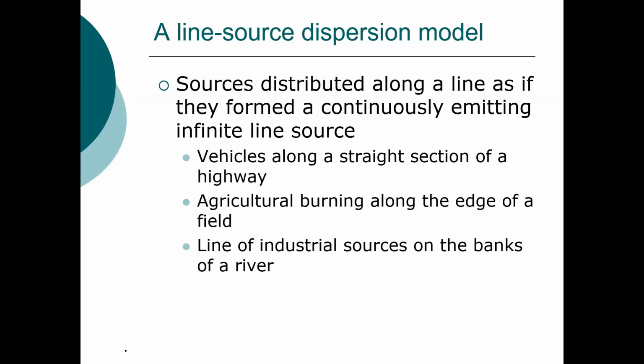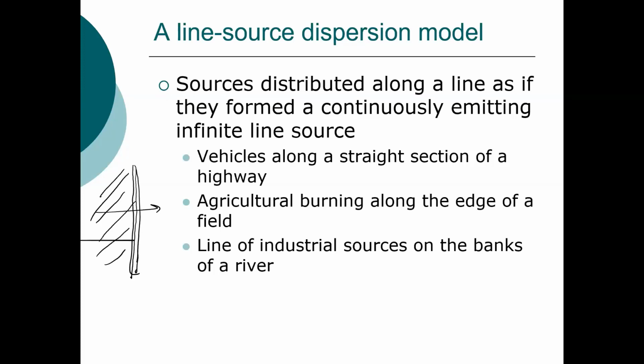on a daily basis based on the number of vehicles moving along this highway. We can also look at it in terms of agricultural burning along the edge of a field. While the field itself is an area source, this is our area of the fire, the wind is in this direction, and we can essentially model that plume as a line source.